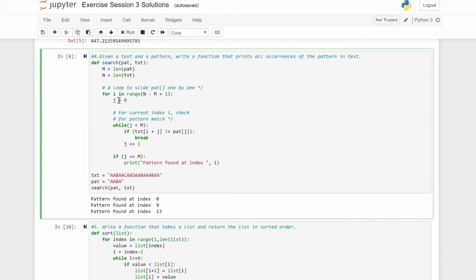That's why the i here starts from 1 and keeps going up to this last letter. This can also be found with this formula.